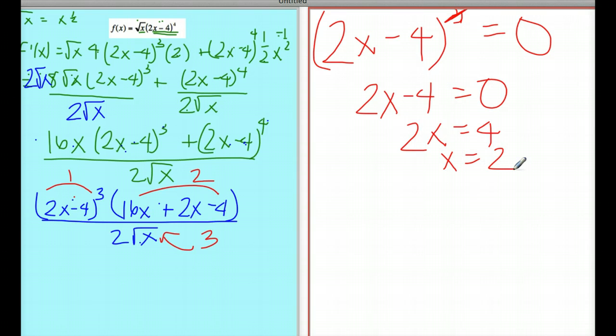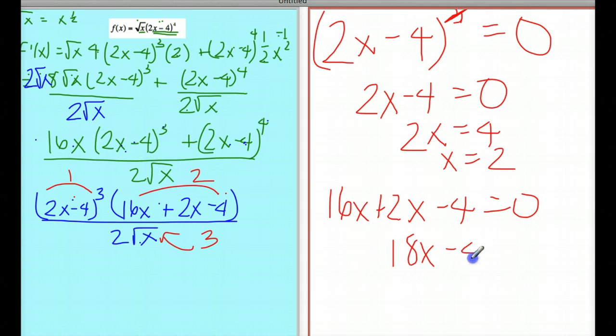It's one value. Number 2 is 16x plus 2x minus 4 is equal to 0. So if I simplify this, I get 18x minus 4 is equal to 0. If I move this over, I get 18x is equal to 4.